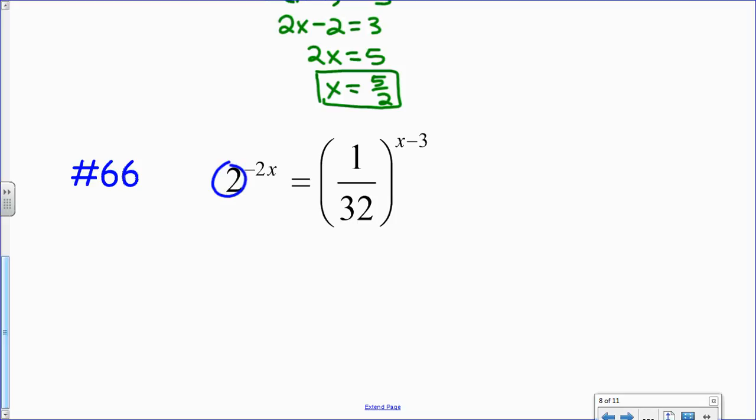I know I'm going to have to use a negative because it's 1 over, but really what I'm focusing on is the 32. So I'm focusing on the 2 and the 32. The bigger one is 32, so I want to write it in terms of base 2. So I want to write it in terms of the smaller one. Can you write 32 as base 2? You can.